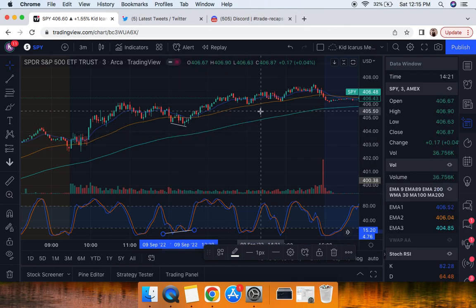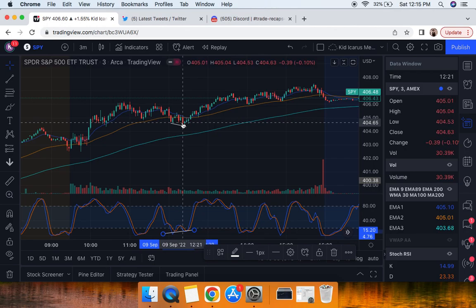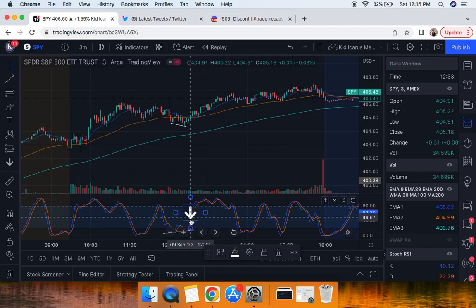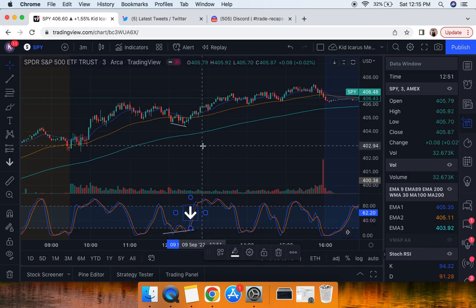Where are we at? Still over the 200. Still only looking for calls. Do not buy puts here. We're over the 200. Don't buy puts. And when the price, we have all 4 of our things. We have a divergence. We have the price crossing up here. And where would we enter?